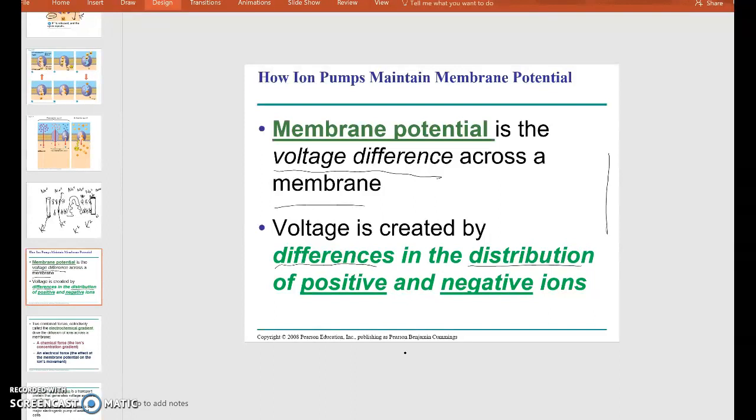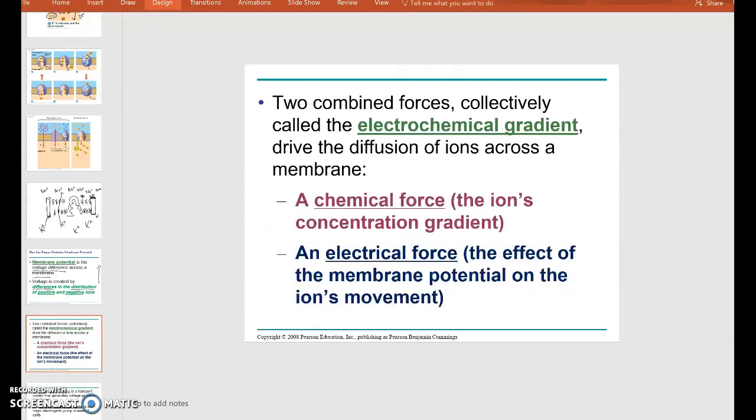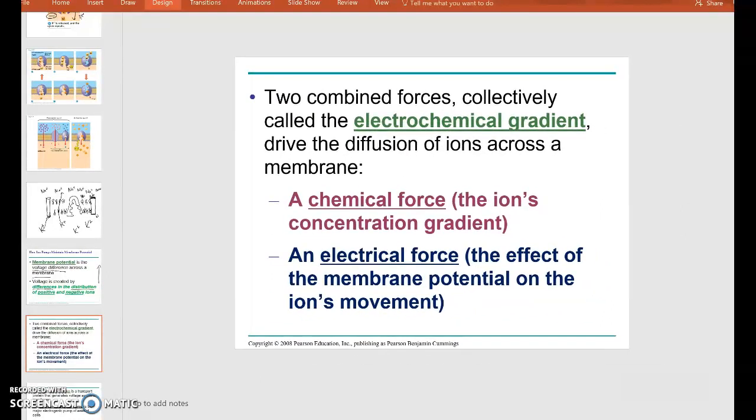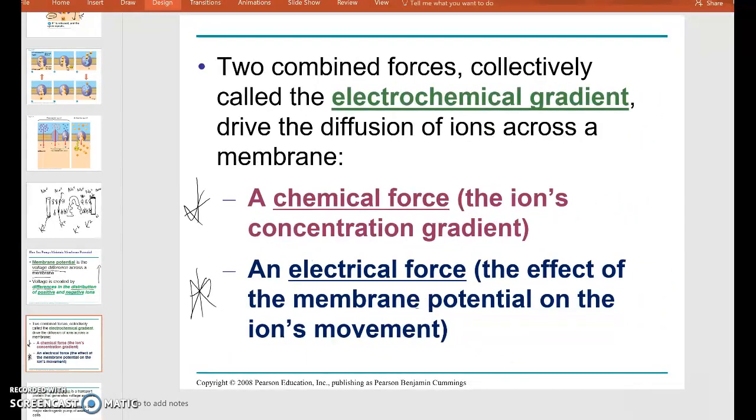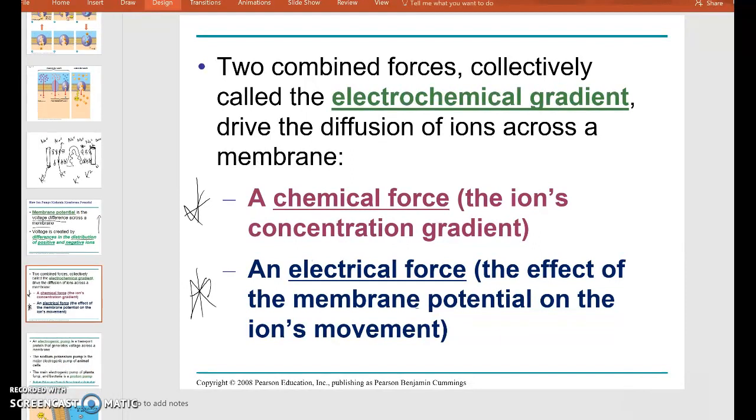So by us moving 3 out and only moving 2 in, that helps create that difference. So whenever you put those 2 forces, the chemical concentration and the electrical difference, you get what's referred to as the electrochemical gradient. Okay, and that is going to be really critical as we move on and we study things like the nervous system.